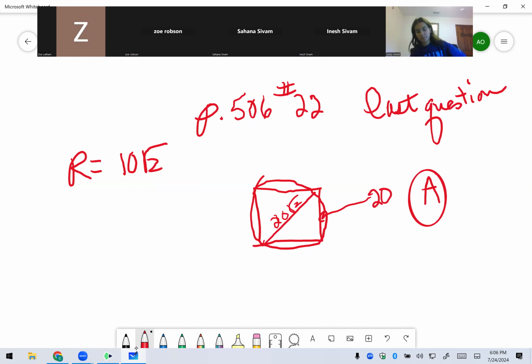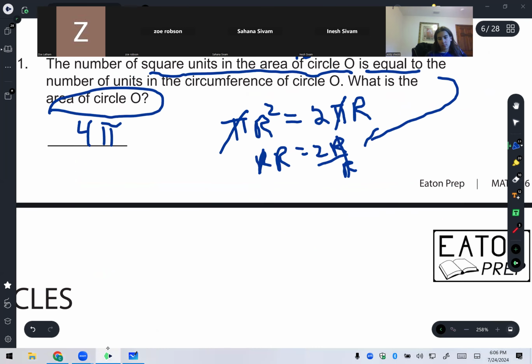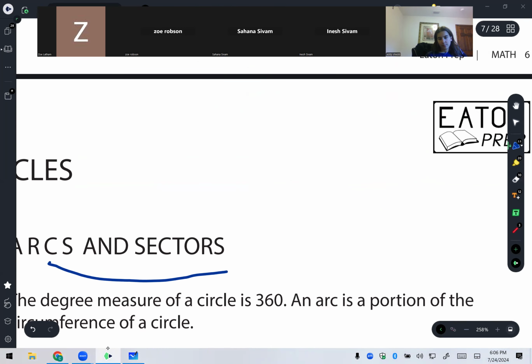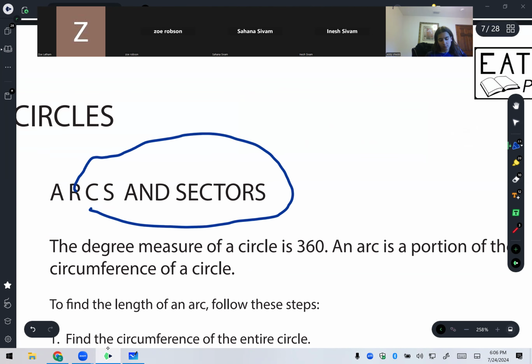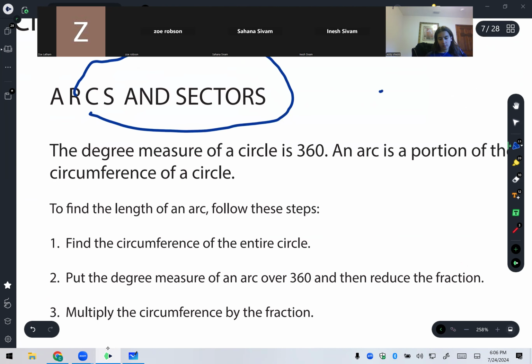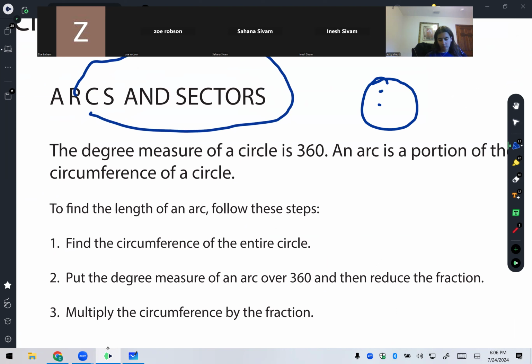Okay, the next thing we're going over in the packet is arcs and sectors, because they test on this. So a circle is 360 degrees. The arc, that would be the minor arc, is a fraction of the circumference. And if we have a sector, that's like a pizza slice.